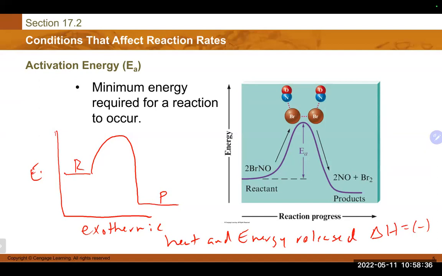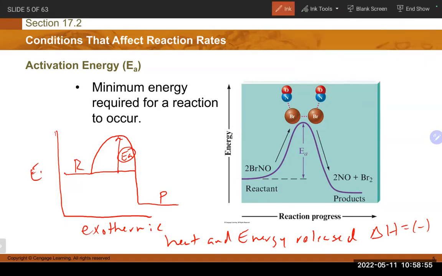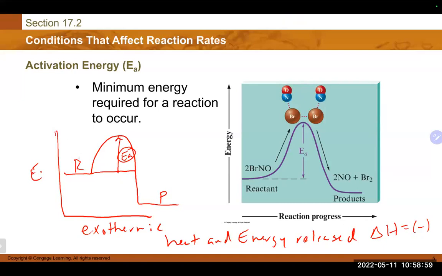What is happening here, as we talked about, is that the hill that everybody has to climb is what is known as the activation energy. That is the energy barrier that the reactants have to climb to get to the other side. As I mentioned and drew a second ago, we start to break our bonds and start to make bonds as we come up this hill.